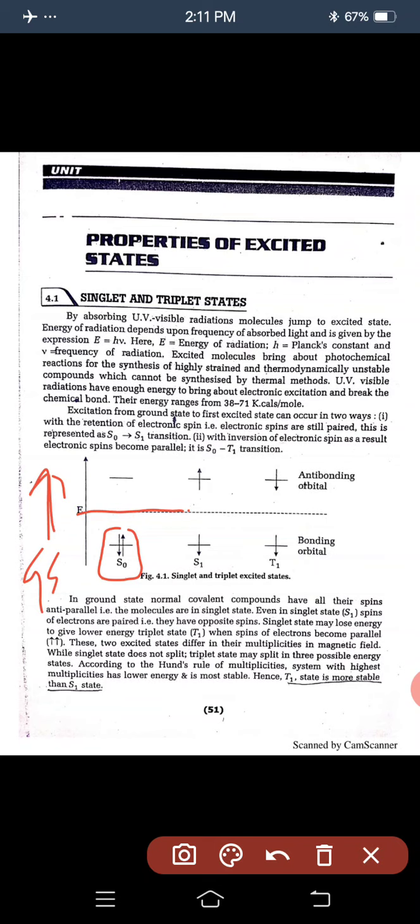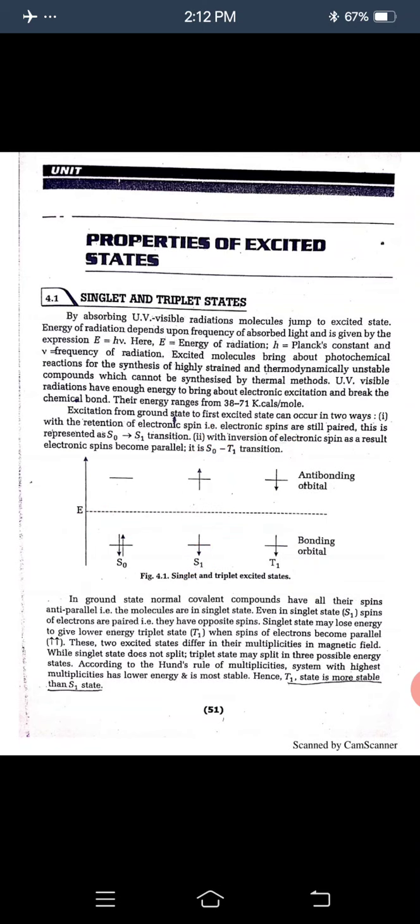After a given energy, the electrons are on this level, but both are the same as in S0. But in this state T1, one is clockwise and the other is also clockwise, whereas here one is clockwise and the other is anti-clockwise. This is the bonding orbital and this is the anti-bonding molecular orbital.